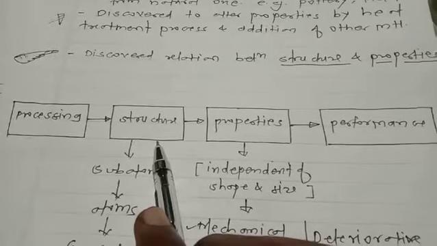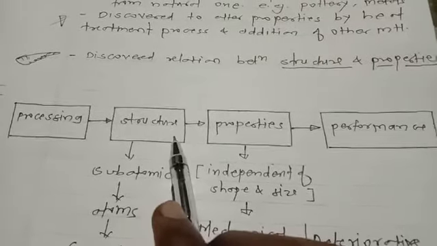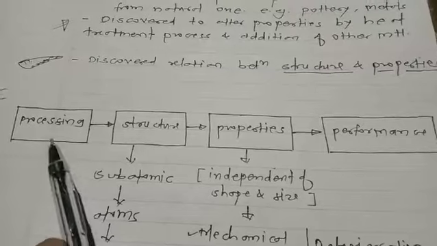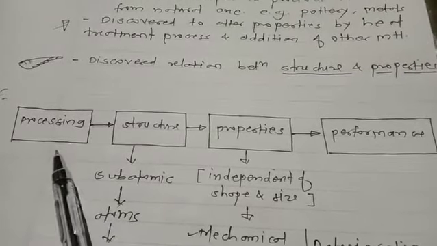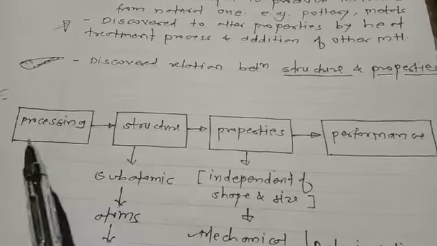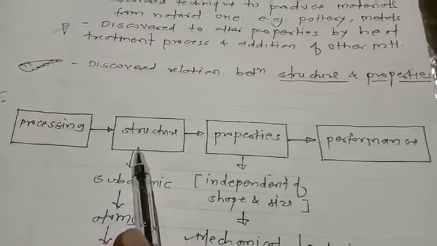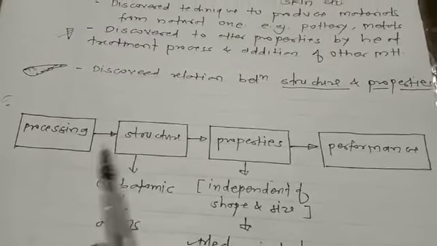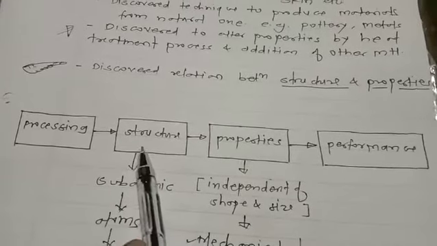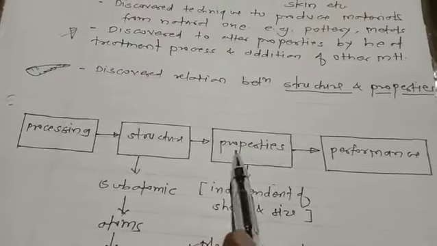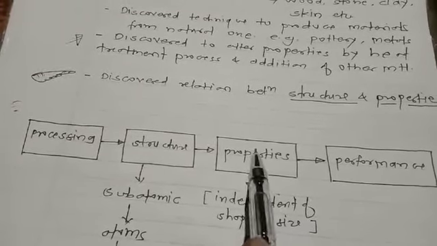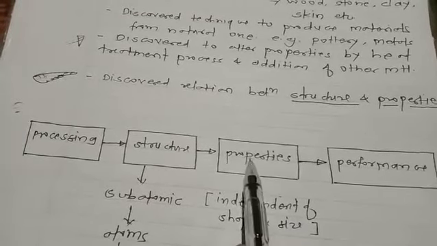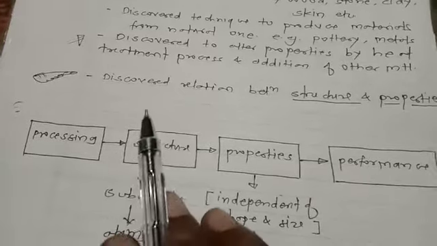The structure of any material depends on processing. If you process the material in the right manner, you will get the right structure. And if there is a change in the structure, it leads to a change in the properties, right? Properties depend on the structure of the material.